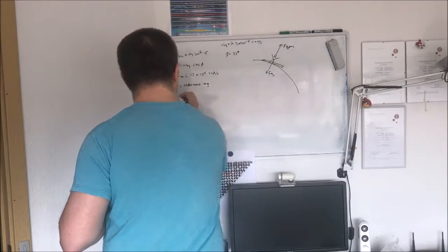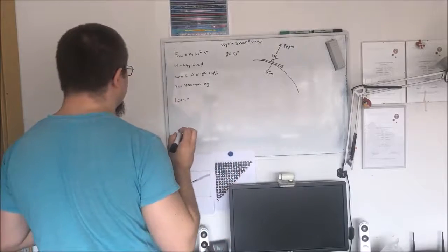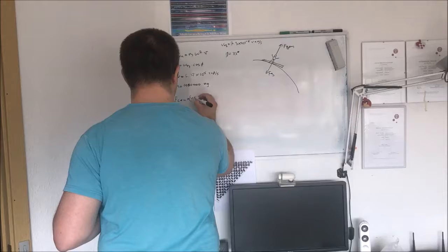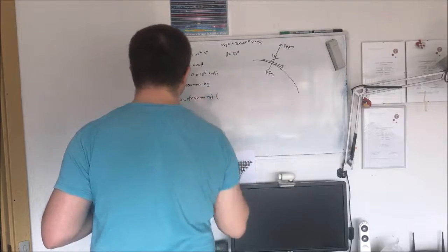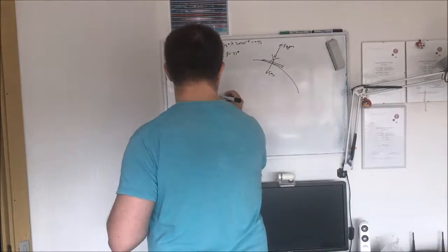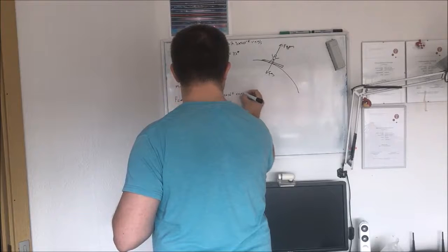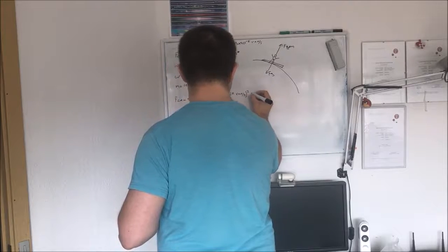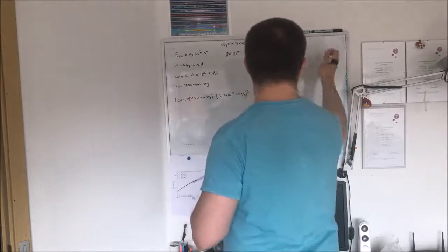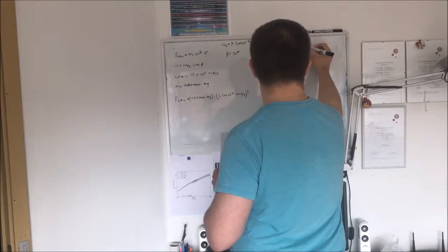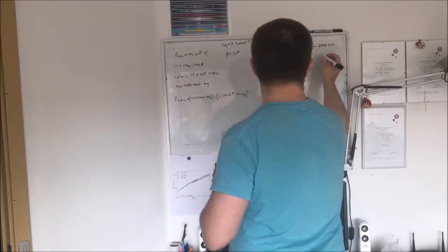So the centrifugal force then becomes 450,000 kilograms times 6.12 times 10 to the minus 5 radians per second squared times, well, I didn't define the radius of Earth anywhere, but we know that the radius of Earth is roughly 6,000 kilometers.